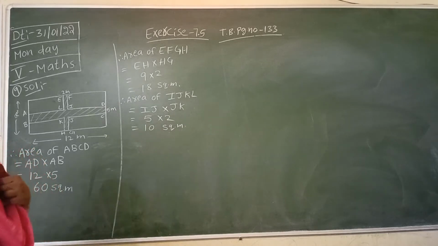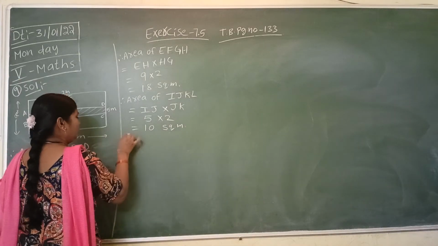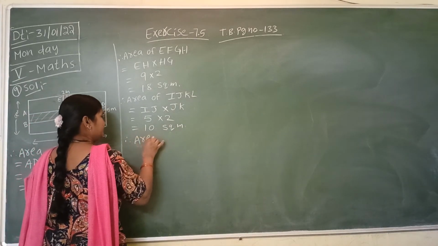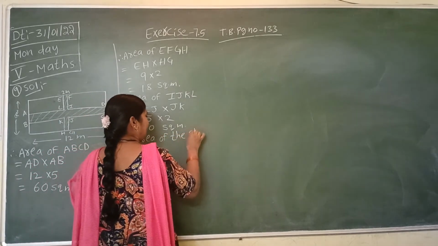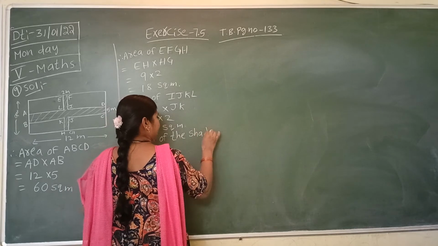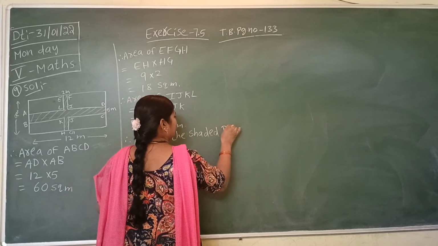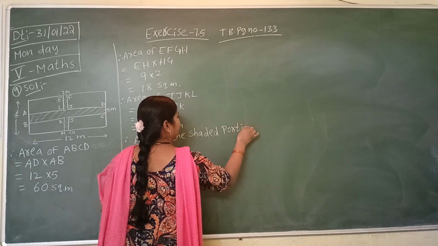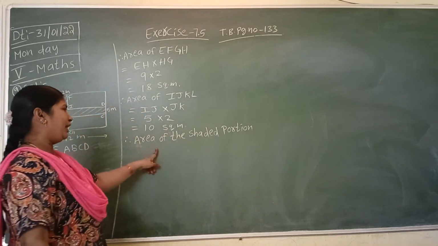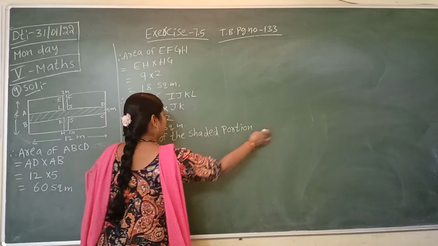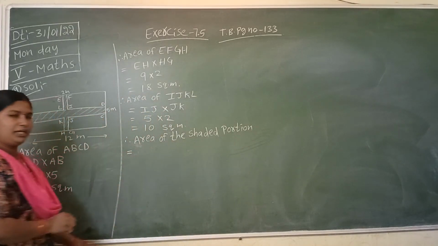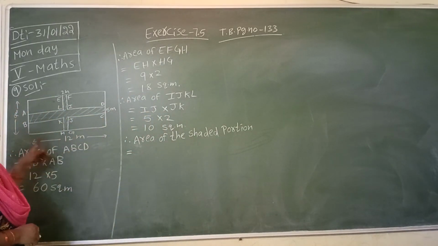Find the area of the shaded portion. Therefore, area of the shaded portion. When we want to find the area of the shaded portion, the place here is not sufficient, so I am continuing here. You have to write it continuing in your book. How are we getting it?